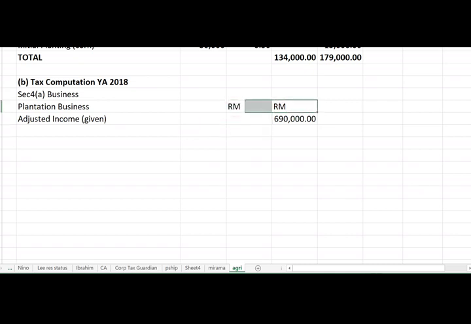Anyone know what adjustment we have to do? Any clue from you? What adjustment do you have to do? You have to minus off. Minus what?